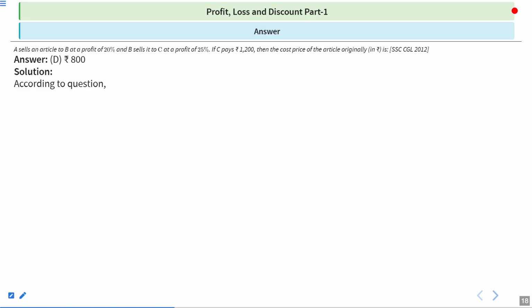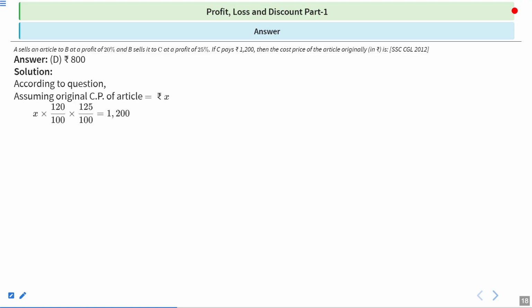So according to the question, we can say that assuming the original cost price of the article is X rupees. So we can say X multiplied by 120% and again multiplied by 125%, because A sells to B at a 20% profit and B sells the same product at a 25% profit.